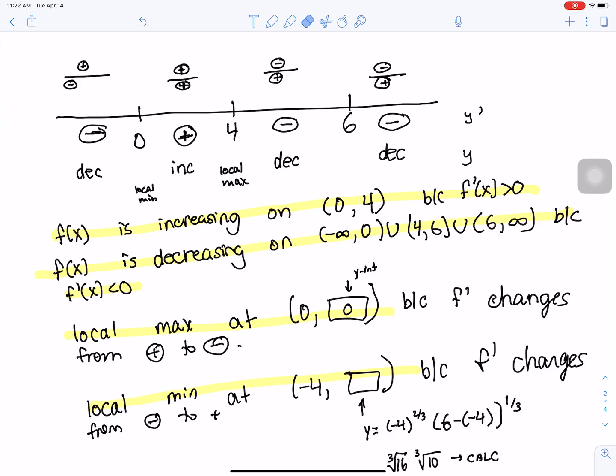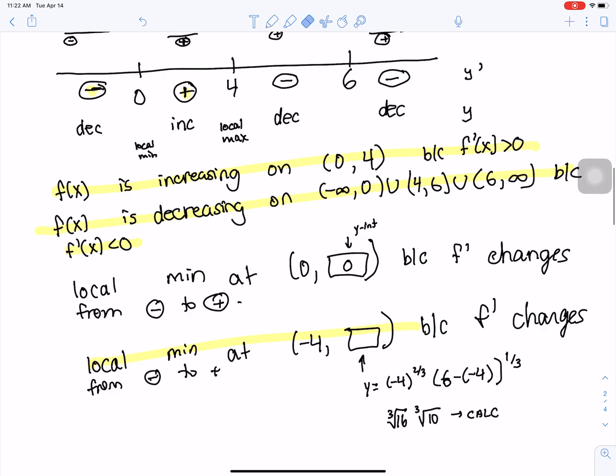Now let's check here. At 0, my sign is going from negative to positive, which means it's going down first and then up, which means a local min at 0, 0. So I need to change that word to minimum at 0, 0 because the sign switches from negative to positive.